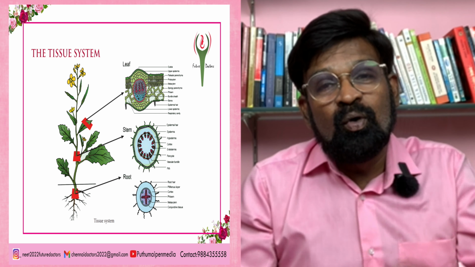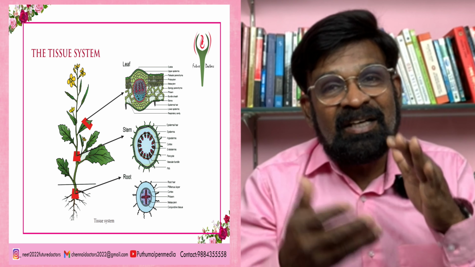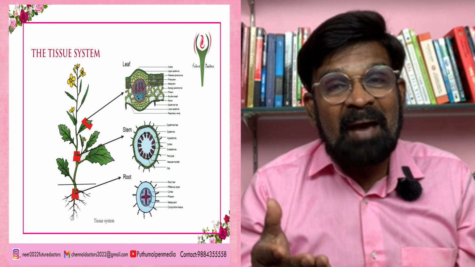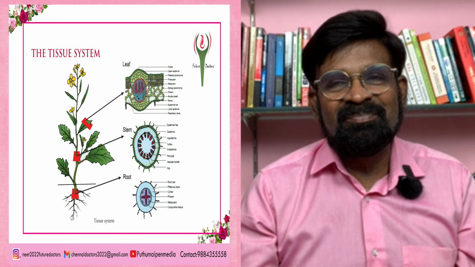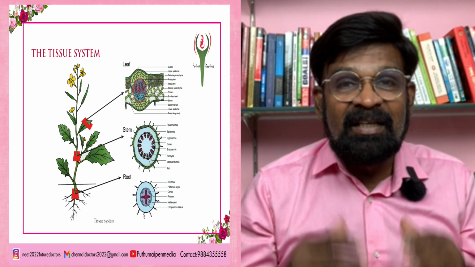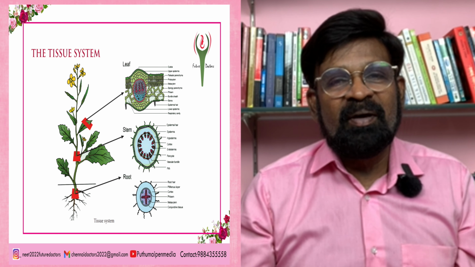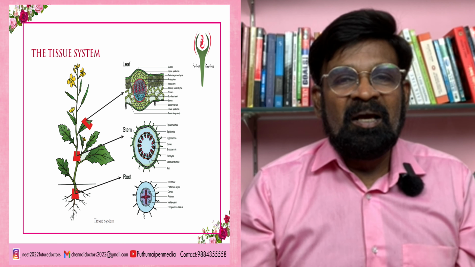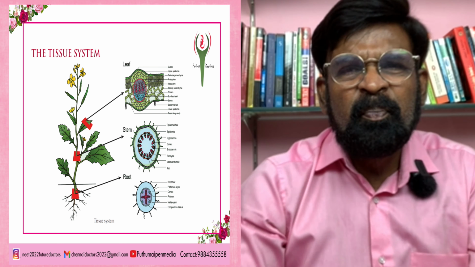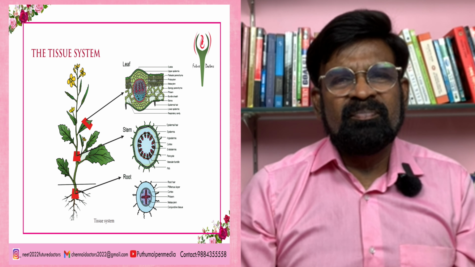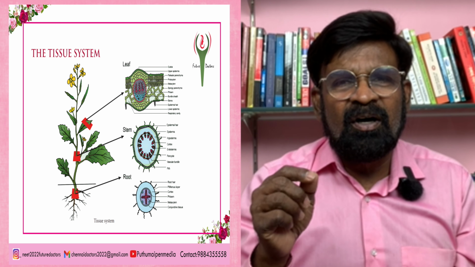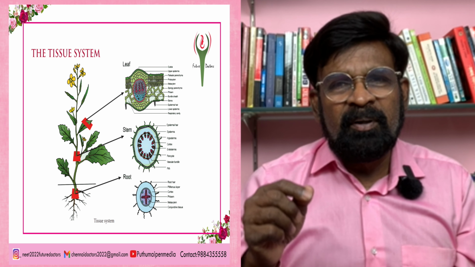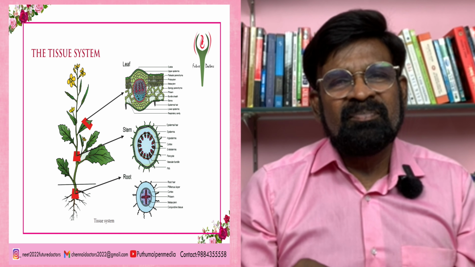They are more on the under surface. Example, cabbage, potato, beans. Water lily type: these stomata are more on the upper surface. Example, many aquatic plants. Potamogeton type: stomata are absent. Example, Potamogeton.